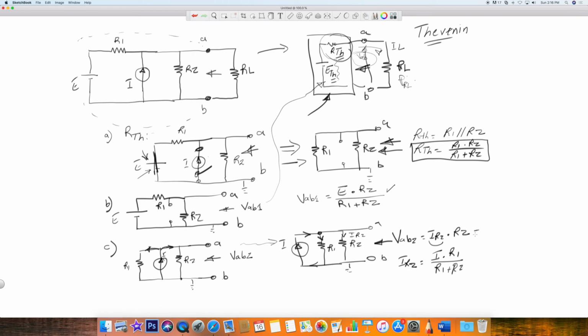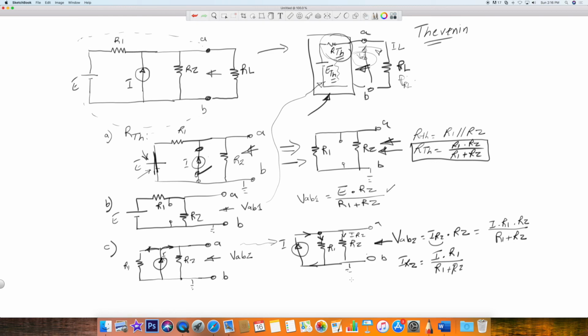Aha. So that means you're going to end up with I times R1, everything times R2, divided by R1 plus R2. Okay, so that would be the partial voltage between A and B.